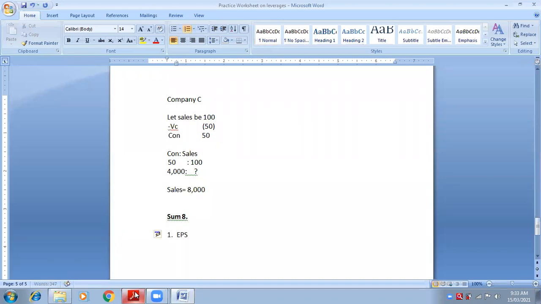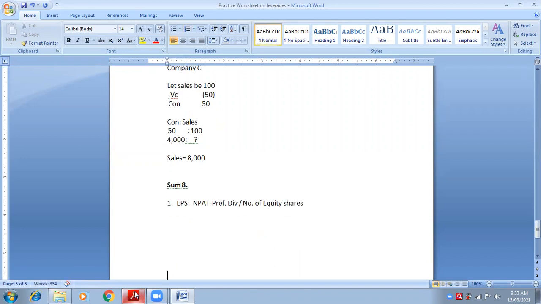EPS is equal to net profit after tax minus preference dividend, the whole divided by the number of equity shares. Remember now? Yes or no? Yes, ma'am.